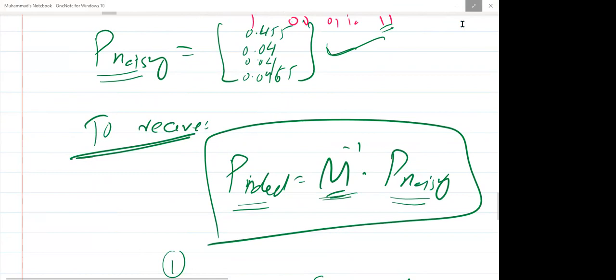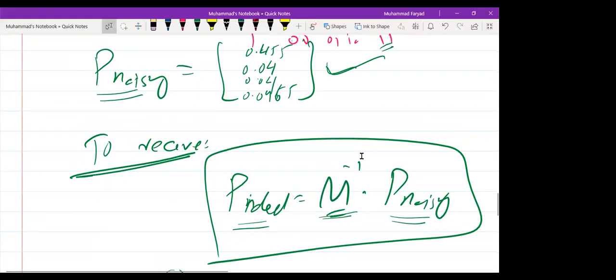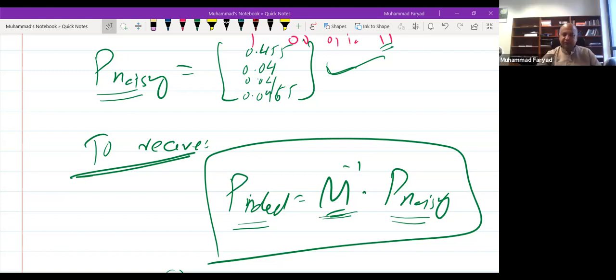Sir, when we are comparing our noisy with the ideal solution that we are getting, how do we know what the ideal solution we should get? Are we computing it mathematically, or are we running it on a simulation? I'm sorry, I don't get your question. You are saying perhaps that when we get this ideal solution, we don't know if this is what is present at the output or not.